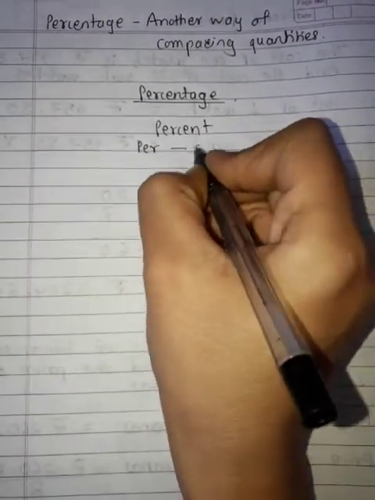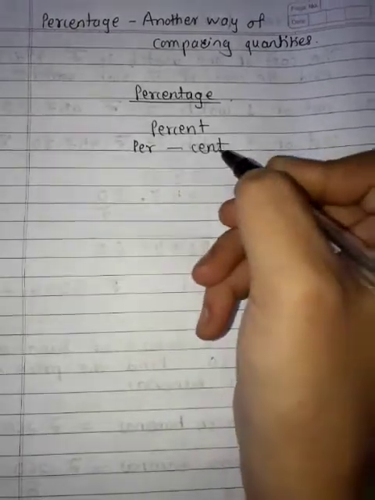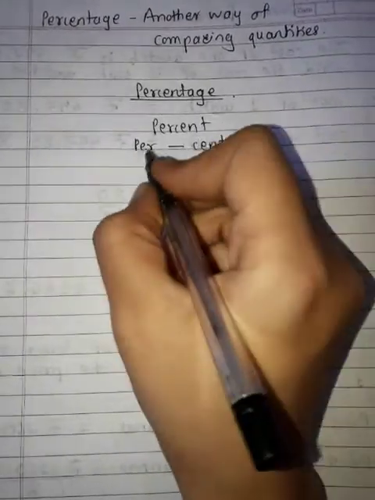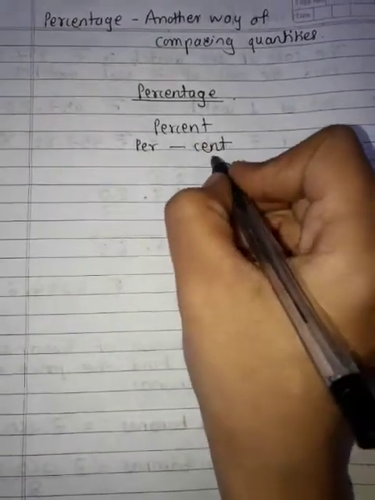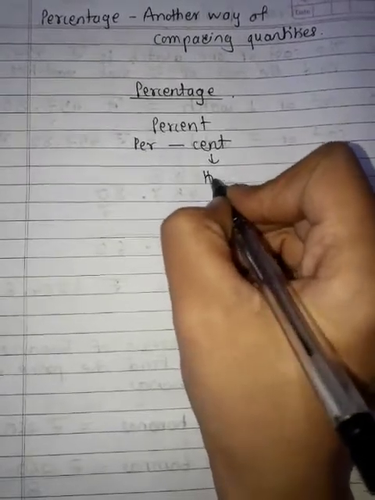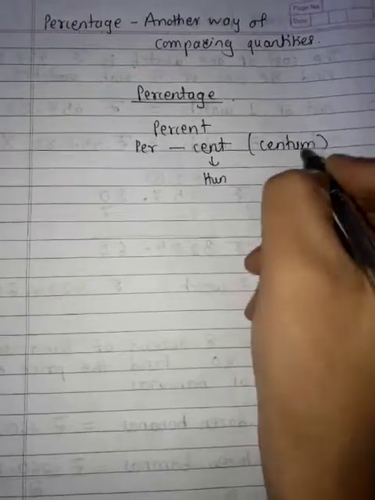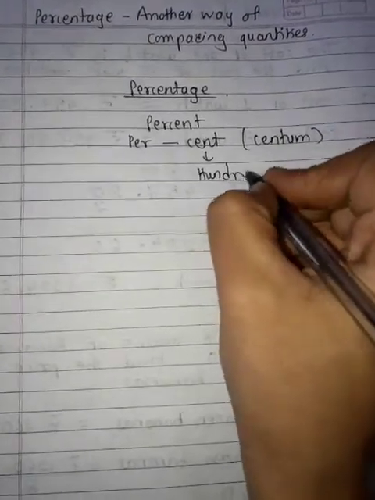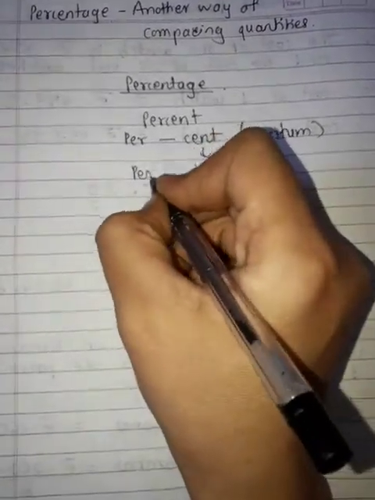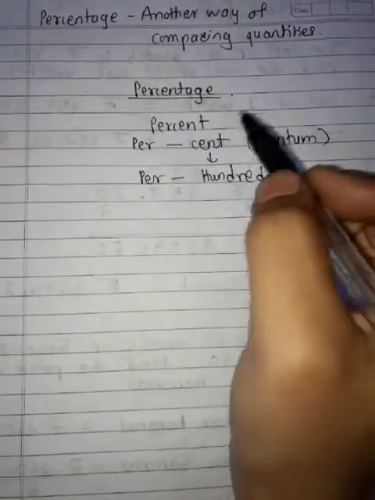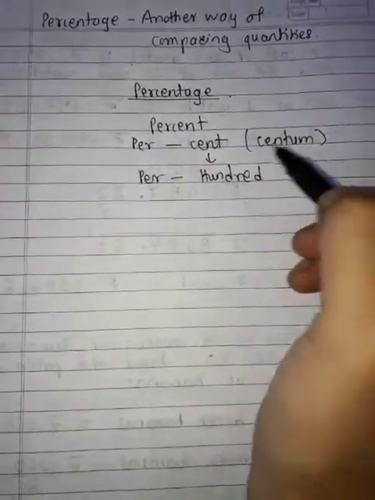If you split up that word, then we observe percent. Cent means nothing but 100, or you can say centum. Centum means 100. So per hundred. Percentage means what? Per 100.